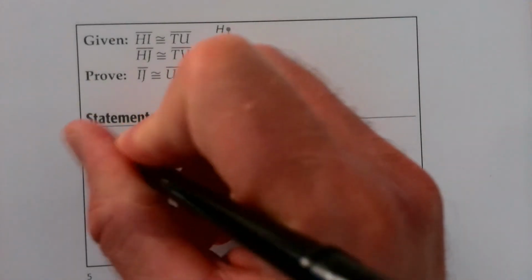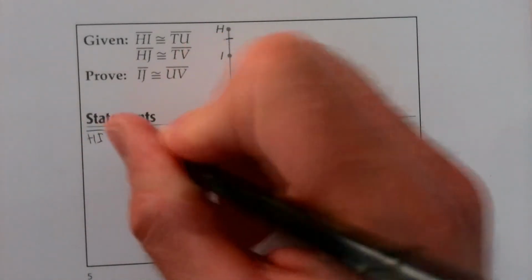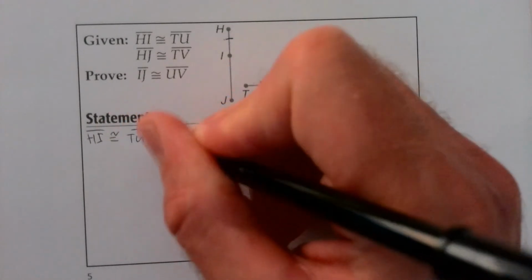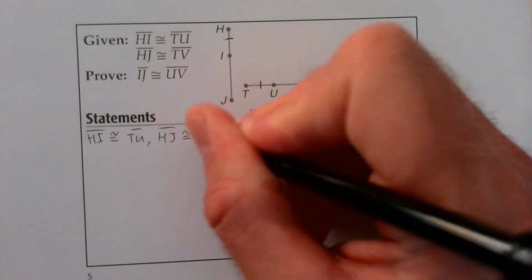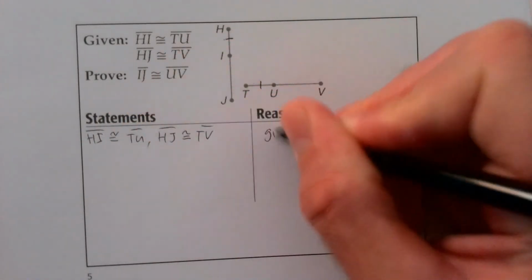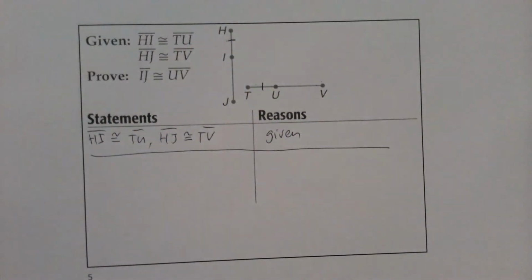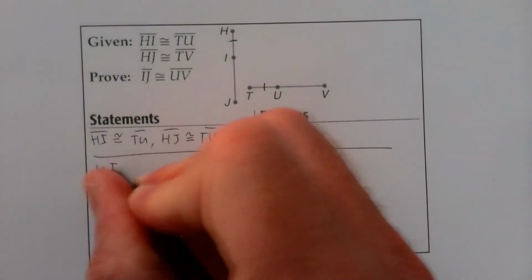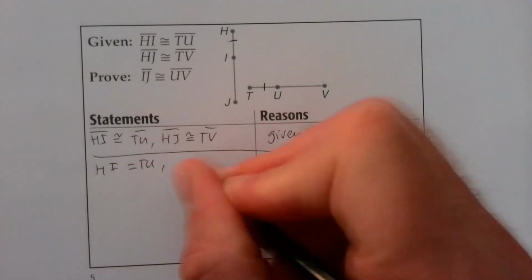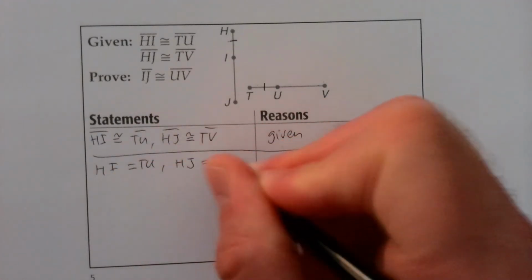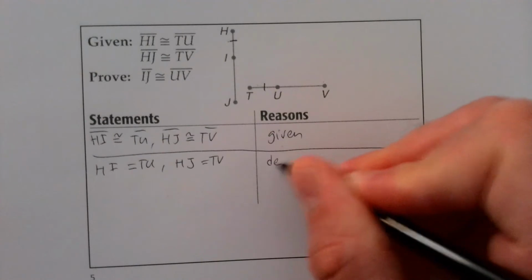Always copy down that given statement or set of statements. And we need to be able to work with equations when we're going to be subtracting, adding, whatever. So go ahead and just switch to equals by definition of congruence.